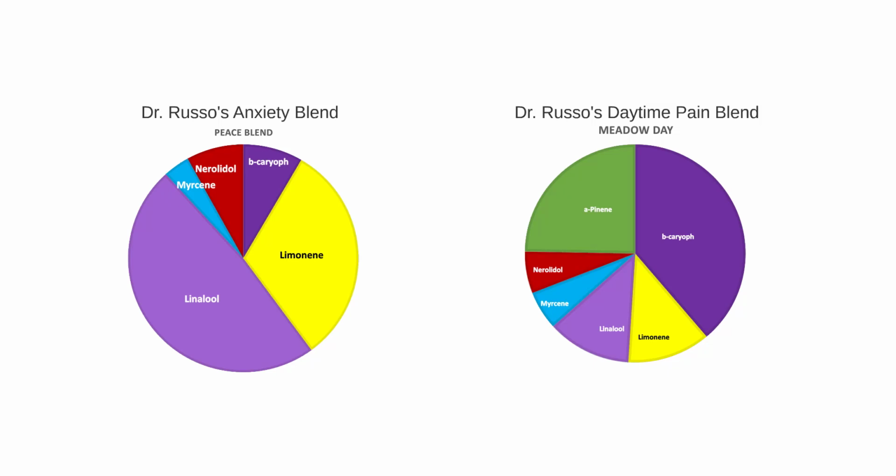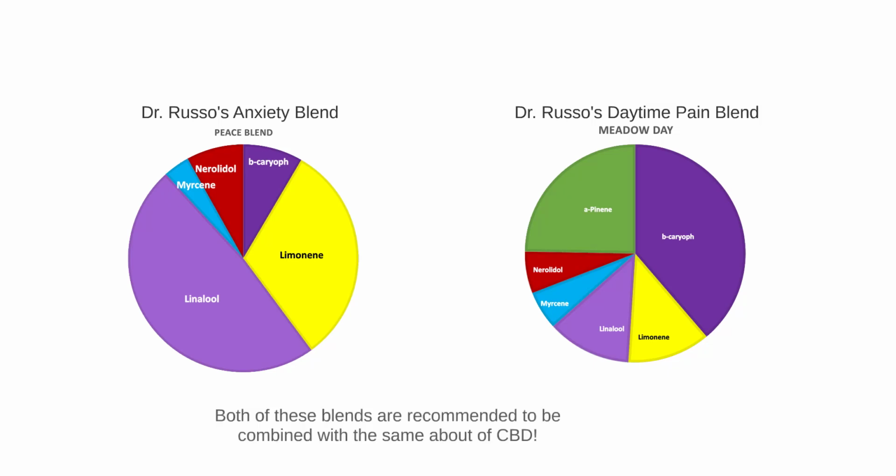And this is one of the challenges that we have in the industry, that we have consumers using CBD for anxiety, for pain, to help sleep. But when we take a look at the effect of the different terpene blends, we see that there can be a notable difference in the effect that we get with a similar amount of CBD in each blend.